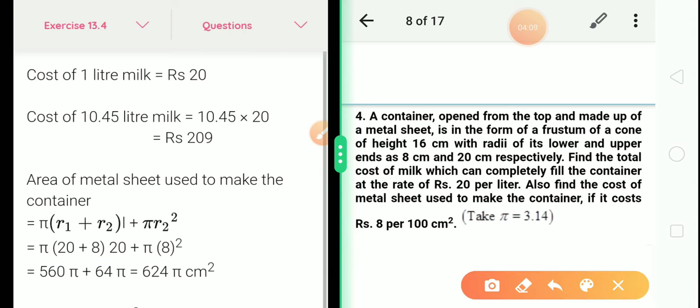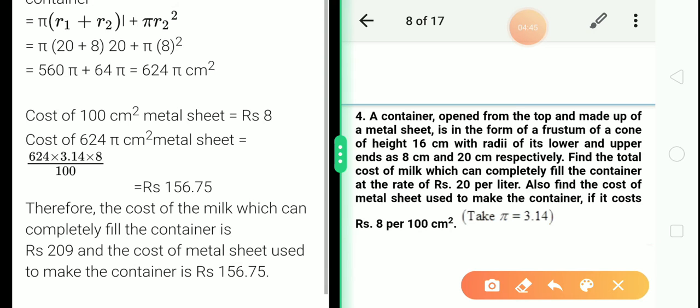So solve this. 20 plus 8 is 28, and 28 into 20 is 560. So we'll get 560 pi plus 8 square is 64, so 64 pi. 560 plus 64 will get 624. So area is equal to 624 pi centimeter square.